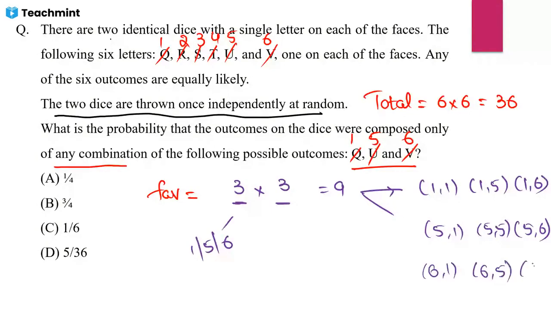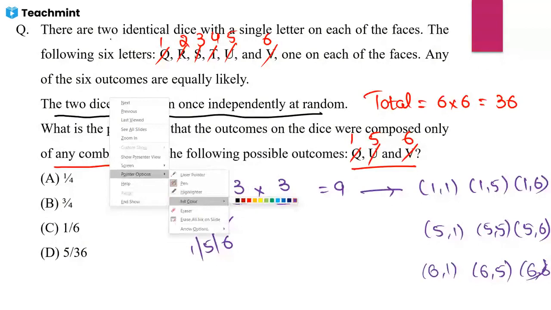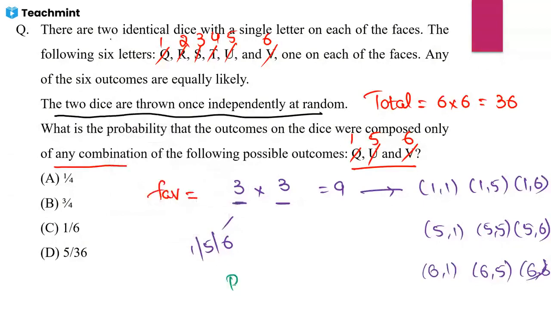I said 9, this is what that 9 is. Finally, probability is favorable out of total, 9 out of 36, 1 upon 4.